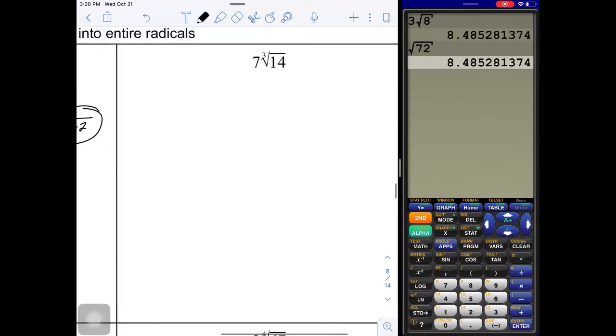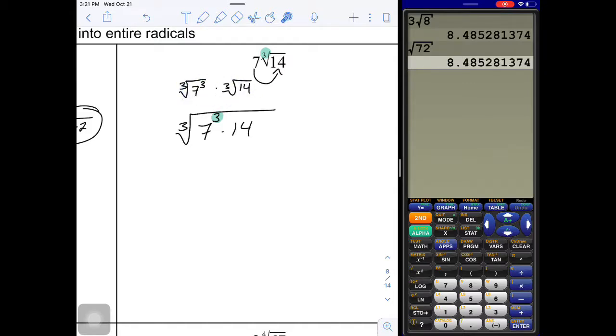Okay, so let's look over here. 7 cube root 14. Well, remember, in order to bring this inside, we need to make it cubed. So this will be the cube root of 7 cubed times 14. Recognize that the index is telling me what to put the power as.